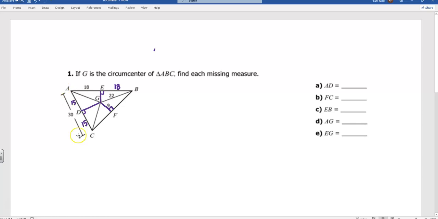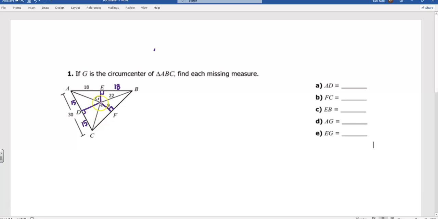Do we know CF and FB? The 9 is this little short piece right here. So no, we don't know it easily. There's a couple more numbers that we can know fairly easily. Not FC.